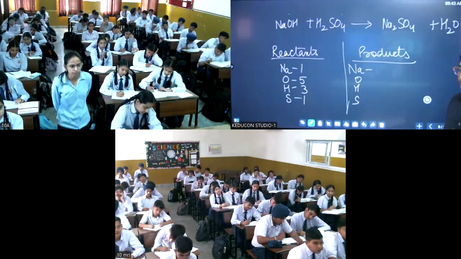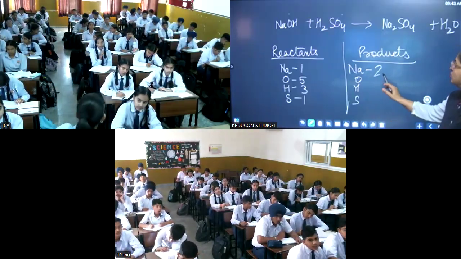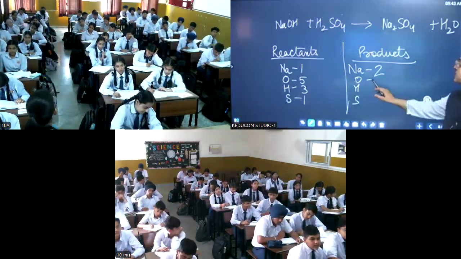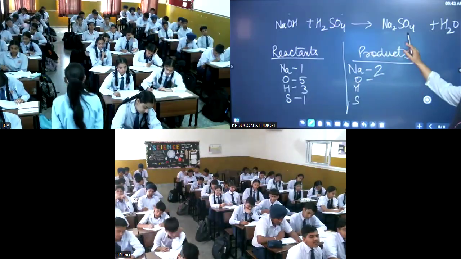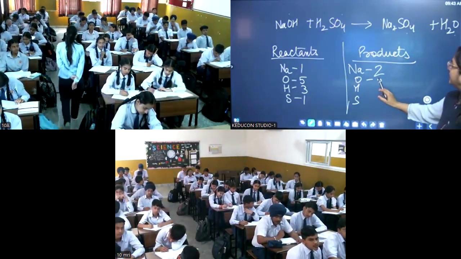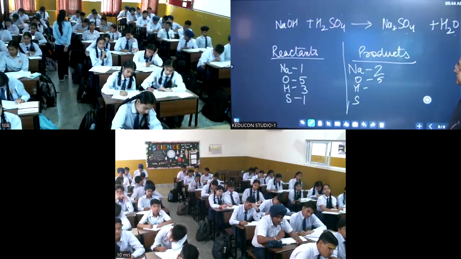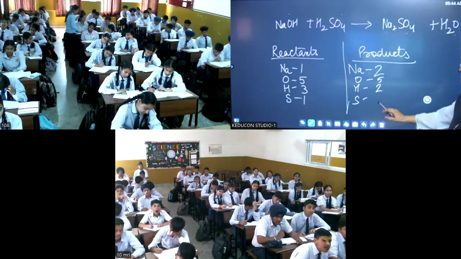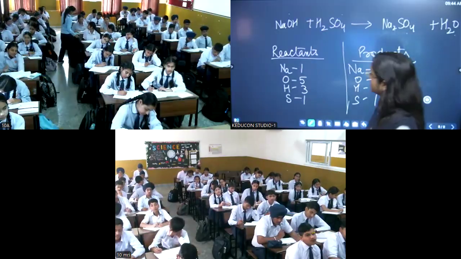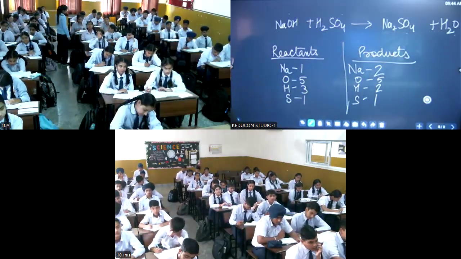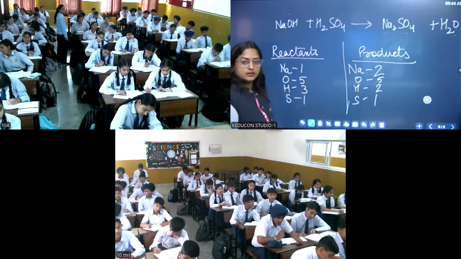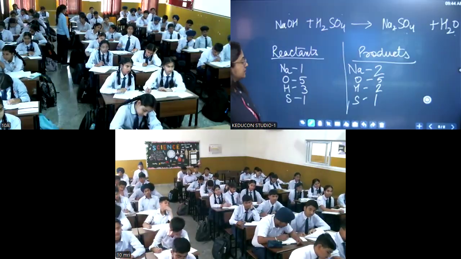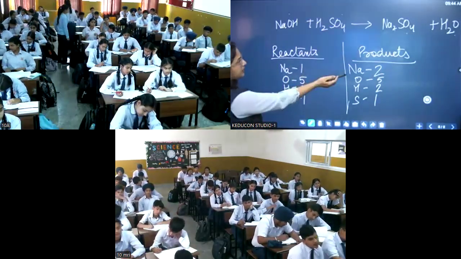Sodium, 2. Oxygen, 5. 4 and 1. 5. Hydrogen, 2. Sulfur, 1. Okay. So, with which atom would you like to start? Sodium? So we have 1 sodium here and 2 sodium there.